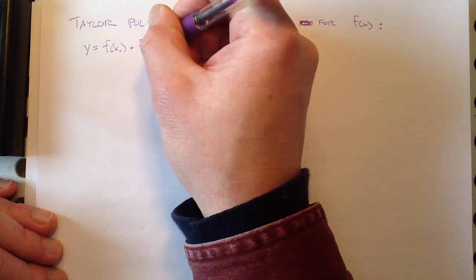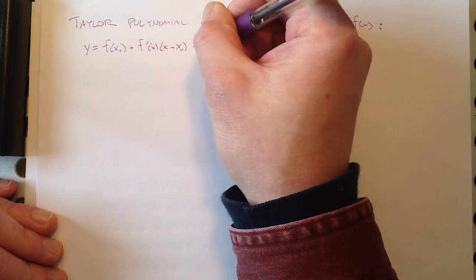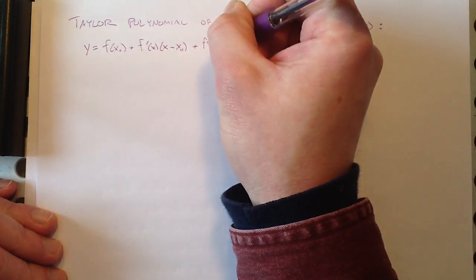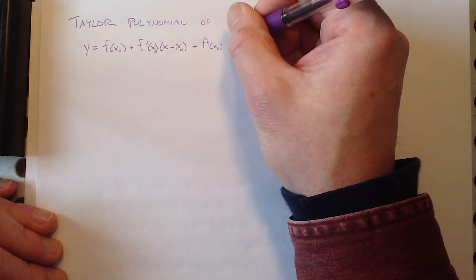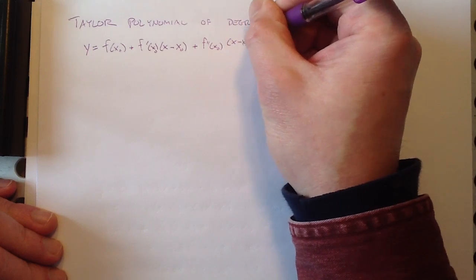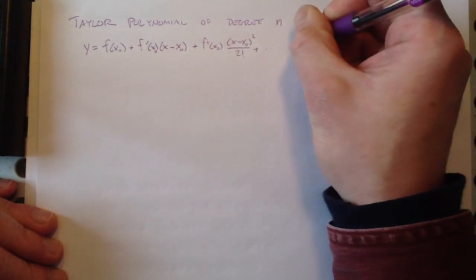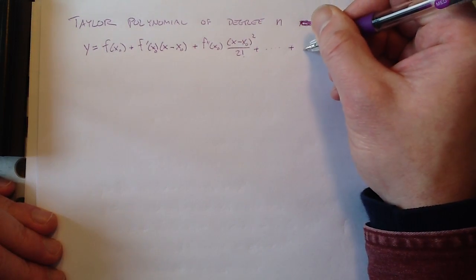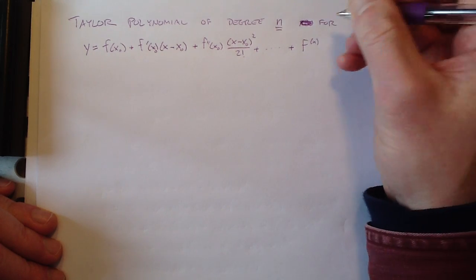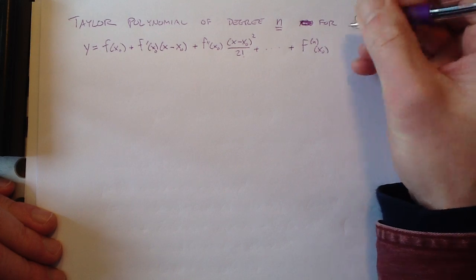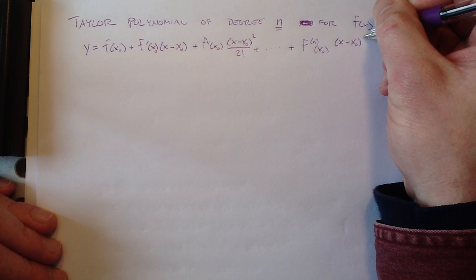f prime of x sub 0 times x minus x sub 0 plus f double prime of x sub 0 times x minus x sub 0 squared over 2 factorial, etc., until you come to the last one, which will be, if we're going to degree n, the nth derivative at x sub 0 times x minus x sub 0 to the what power?